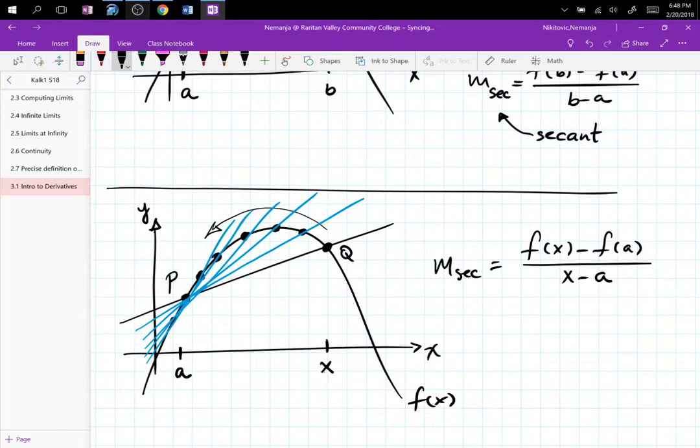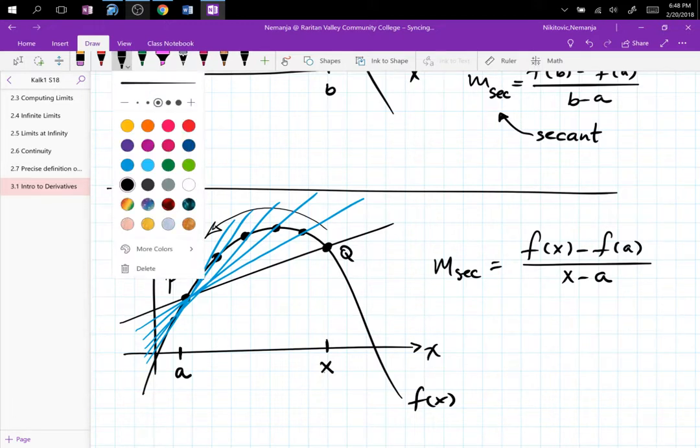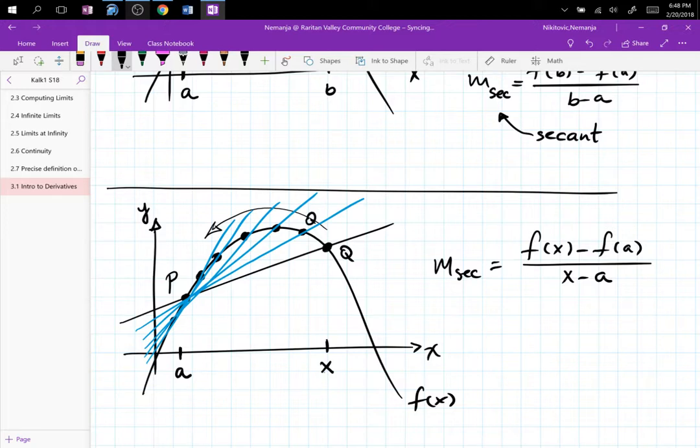Now, please note that as this Q goes from Q to Q prime, to Q double prime, to Q triple prime, and so on, the coordinates of this pair keep changing. And I hope that you see that there is an issue with this calculation as the 2 points collide. Because when Q runs into P, what are the coordinates of Q?